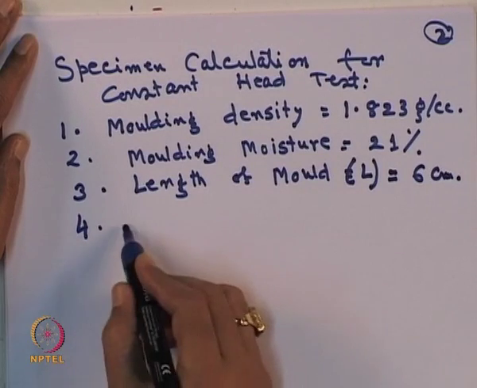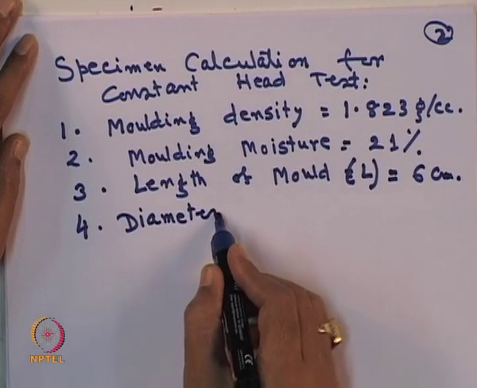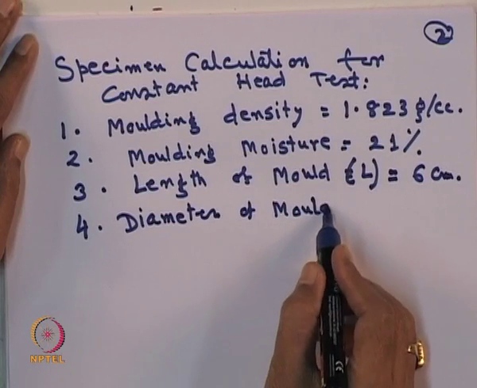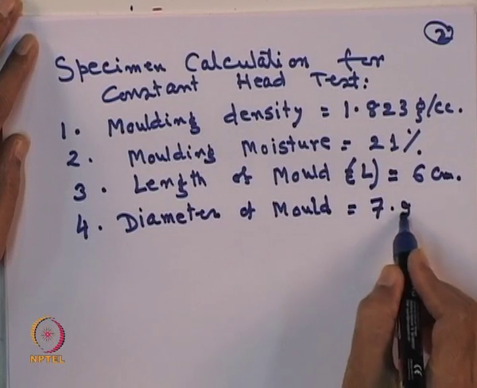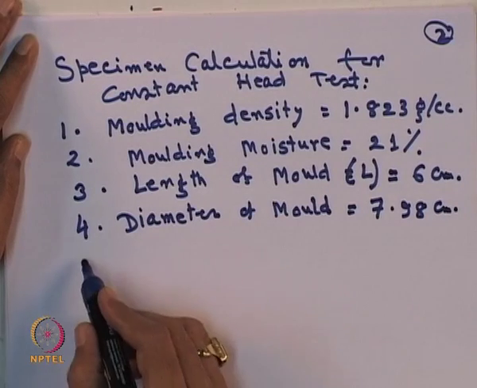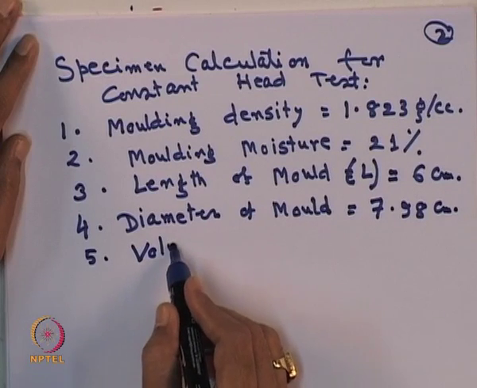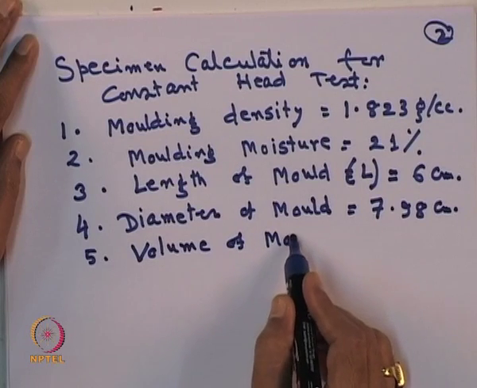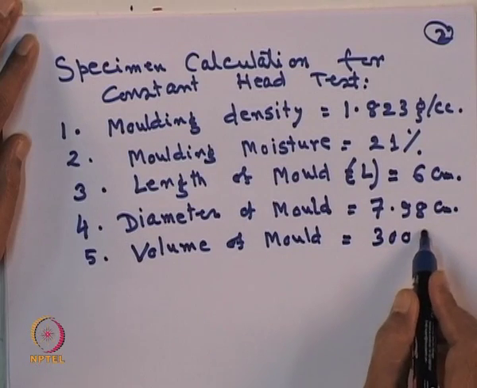And then diameter of mold is 7.98 centimeter. Next, volume of the mold is 300 cc.